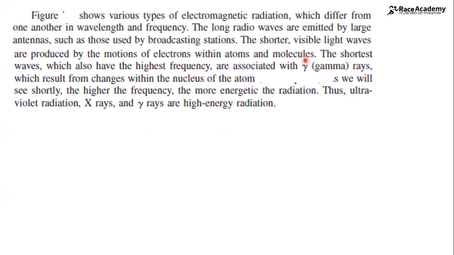The shortest waves, which also have the highest frequency, are gamma rays, which result from changes within the nucleus of an atom. The higher the frequency, the more energetic the radiation. Thus ultraviolet radiation, X-rays and gamma rays are high energy radiation.